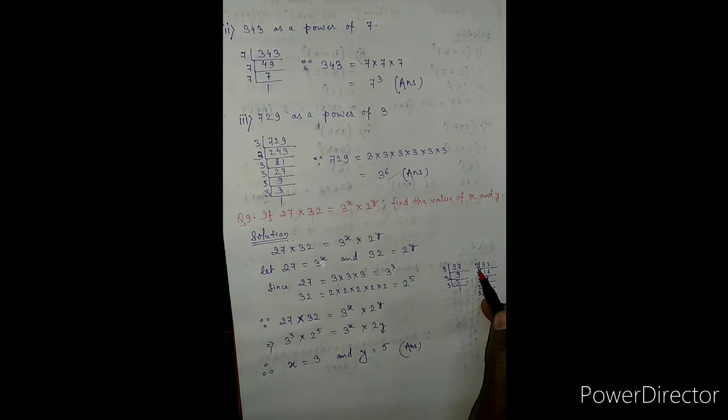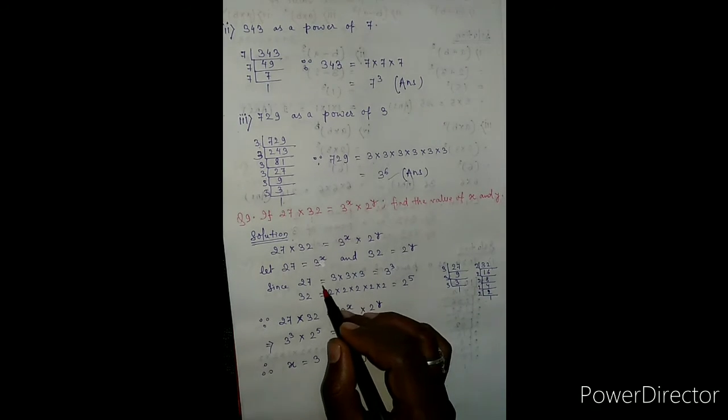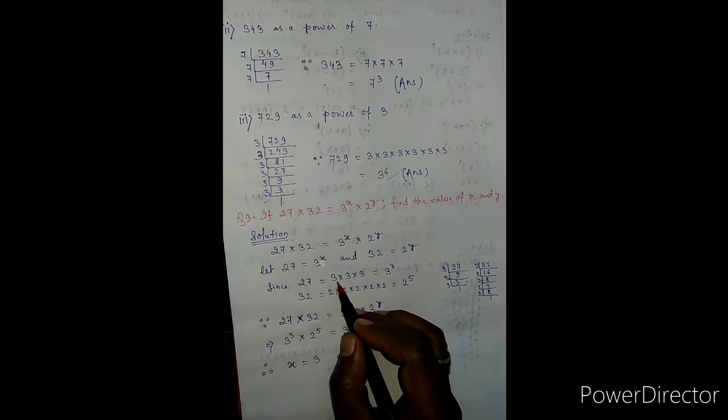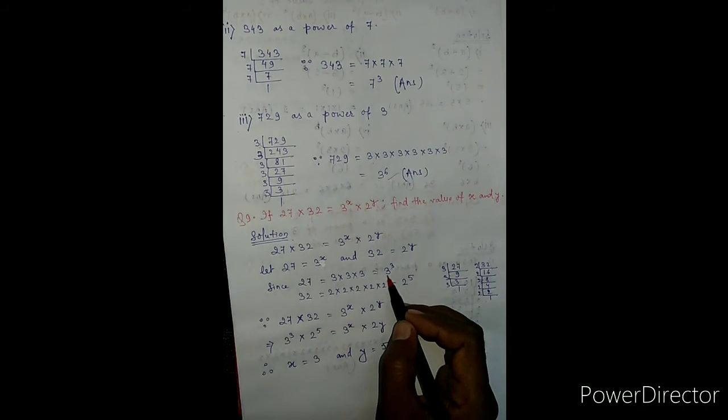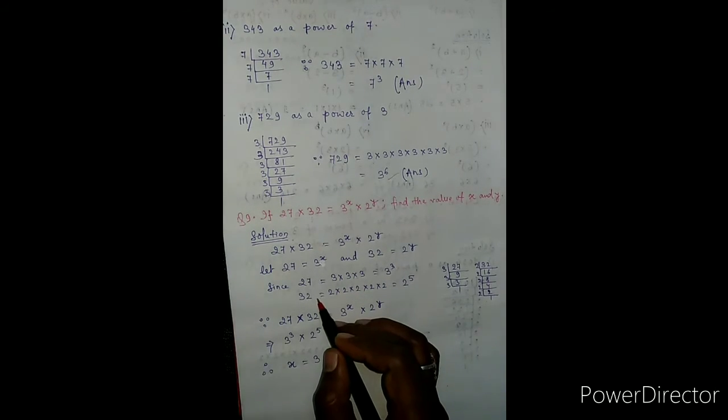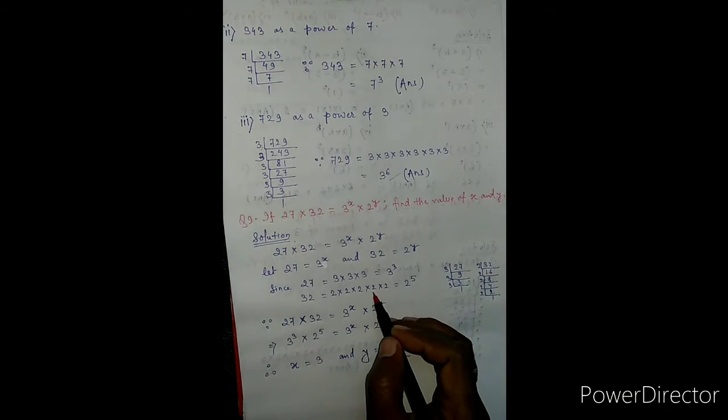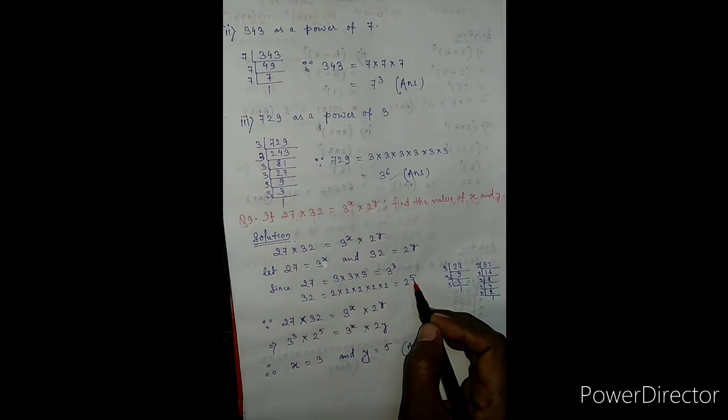Like this, 32 divided by 2 is 16, 16 divided by 2 is 8, 8 divided by 2 is 4, 4 divided by 2 is 2, 2 divided by 2 is 1. Now we can see 3 appearing 3 times, so we write 3 to the power 3, and 2 is appearing 5 times, so we write 2 to the power 5.